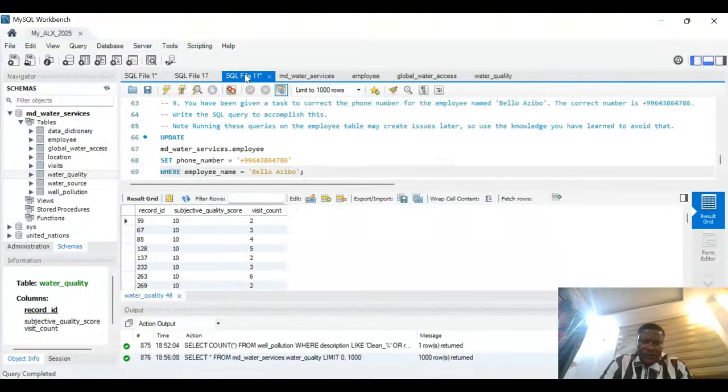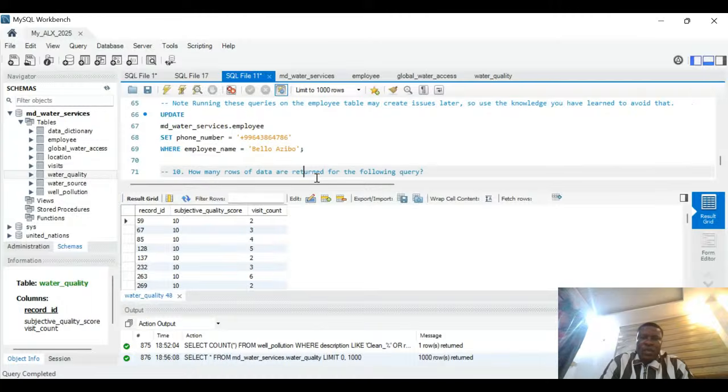Let me see. I think we have something similar. It could be that I have done the update already when I was working on the questions, but practically, we are advised to make sure that we do that copy before we execute such update. So please make sure that you do the right thing.